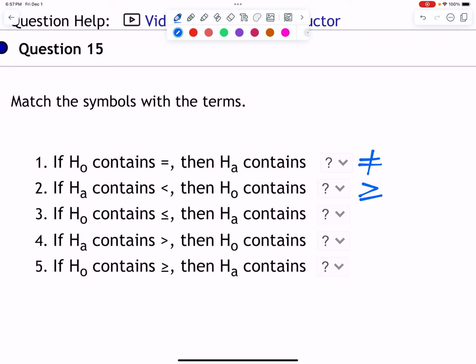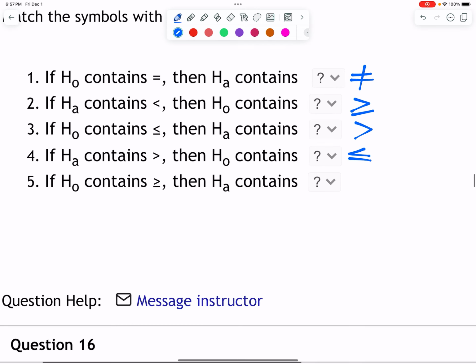If H0 has less than or equal to, then the alternative hypothesis has to be greater than. If HA contains greater than, then the null hypothesis has to be less than or equal to. If the null hypothesis contains greater than or equal to, then the alternative hypothesis should be less than.